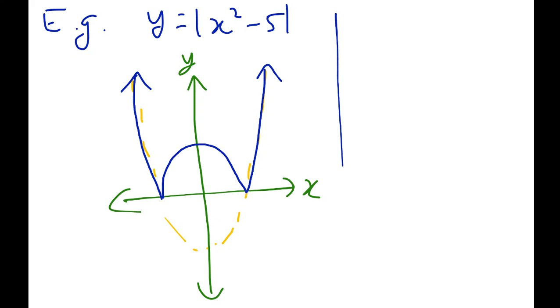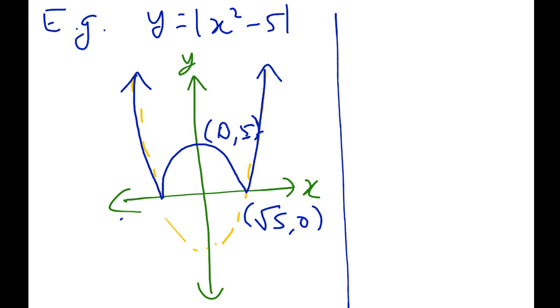And then we can solve for our x and y-intercepts. Our y-intercept is just flipped over to the other side, so we shouldn't need to solve it, because we know that's 0, 5, instead of 0, negative 5. Then our x values, if you solve for it, are square root of 5, 0, and negative square root of 5, 0.